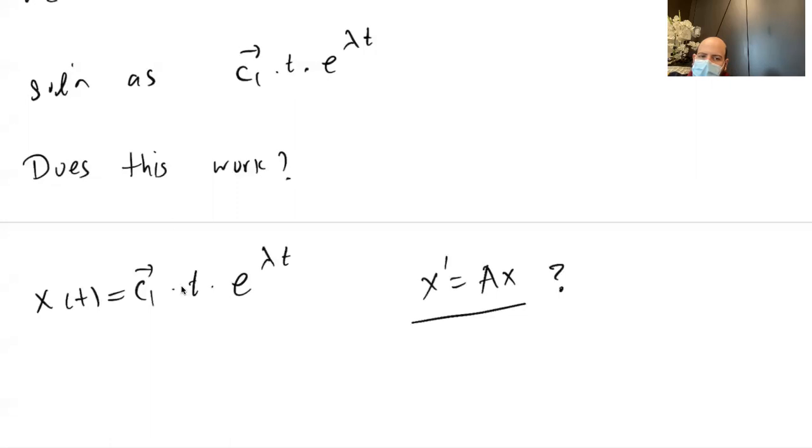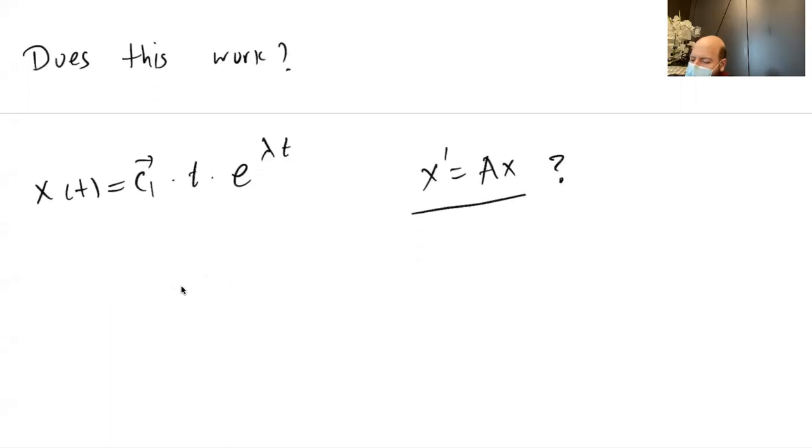So let's find x prime. What will be x prime in this case? For finding x prime, I need to use the product rule. Then I will have the derivative of this function.